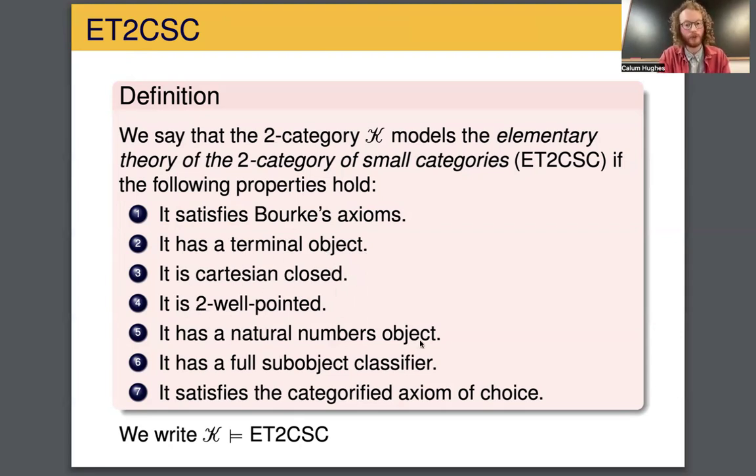We must have a two-dimensional natural numbers object. We must have a full subobject classifier, and we must satisfy the categorified axiom of choice. One thing to note here is that we're only asking for terminal here because one of Burke's axioms was to have pullbacks. Okay, and we write K models the elementary theory of the two-category of small categories.